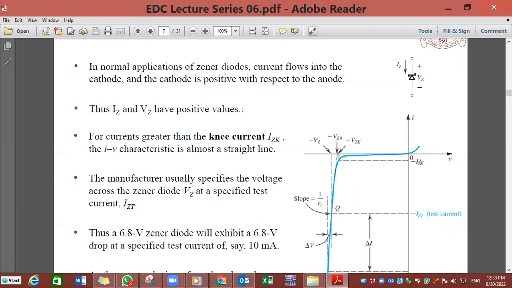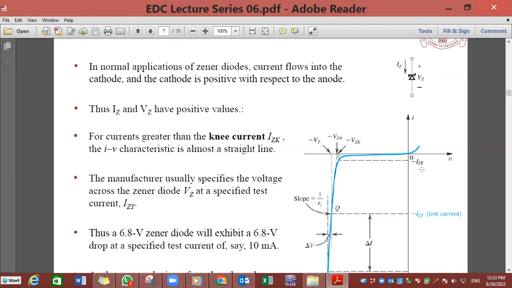If you decrease the current below IZK, then the diode is not in the regulation mode, because whatever voltage you increase simply appears across the Zener diode. But once you pass over this VZ, it becomes a straight line. That means you cannot increase the voltage across the Zener diode beyond this range, this VZ. This is how it works.